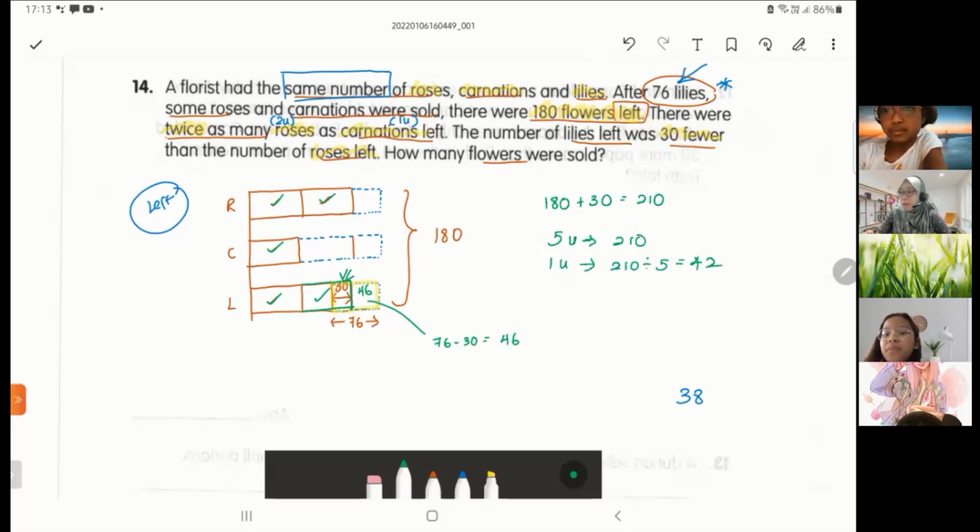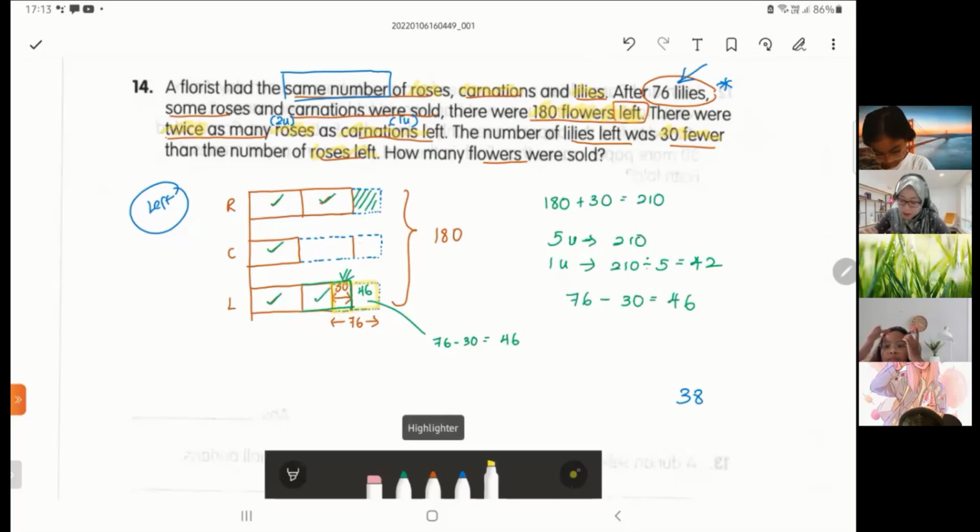Okay, so the number of roses sold, I want to find this part here. All right, the number of roses sold will be 76 take away your 30 equals to 46. So this part here, if you can see, I change my color.